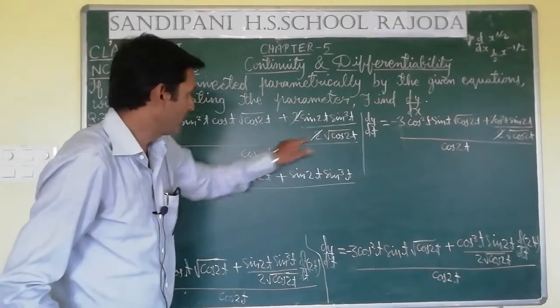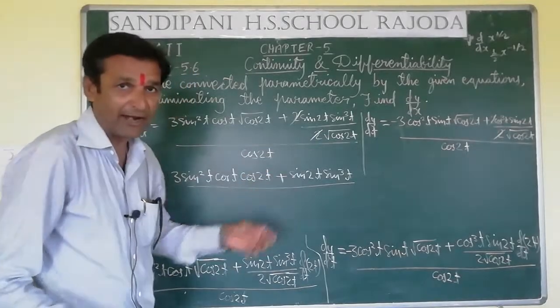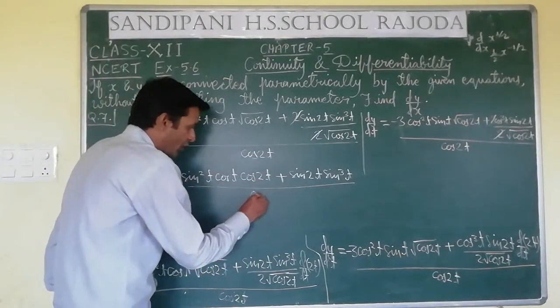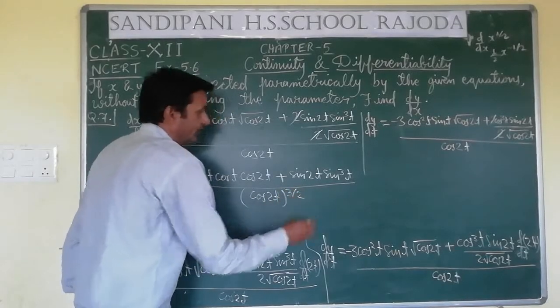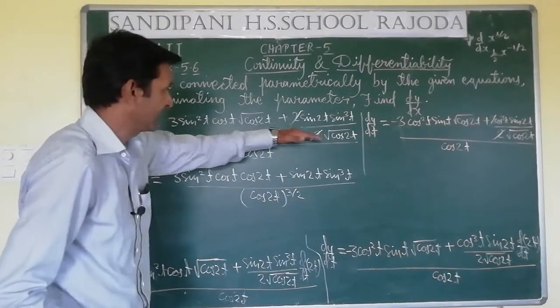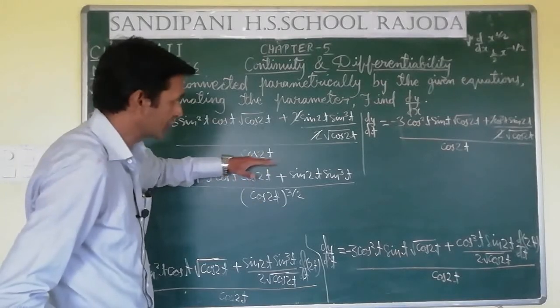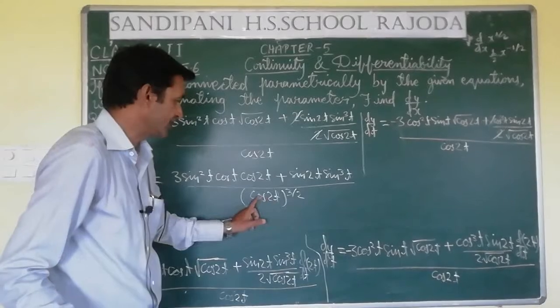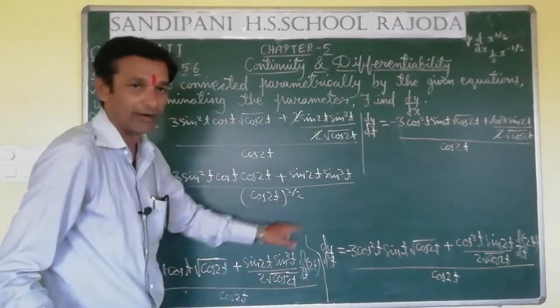So the power is 1 here, and here it is half. So half plus 1 is 3 by 2. So this power will become cos 2t raised to the power 3 by 2 now, because the LCM taken is multiplied here in this part. So cos 2t into root cos 2t is cos 2t raised to the power 3 by 2. 1 plus half is 3 by 2.